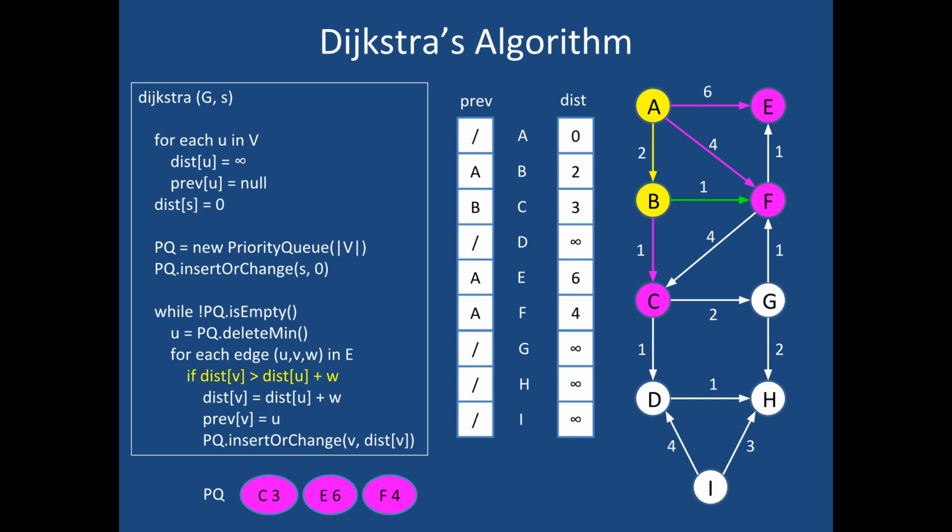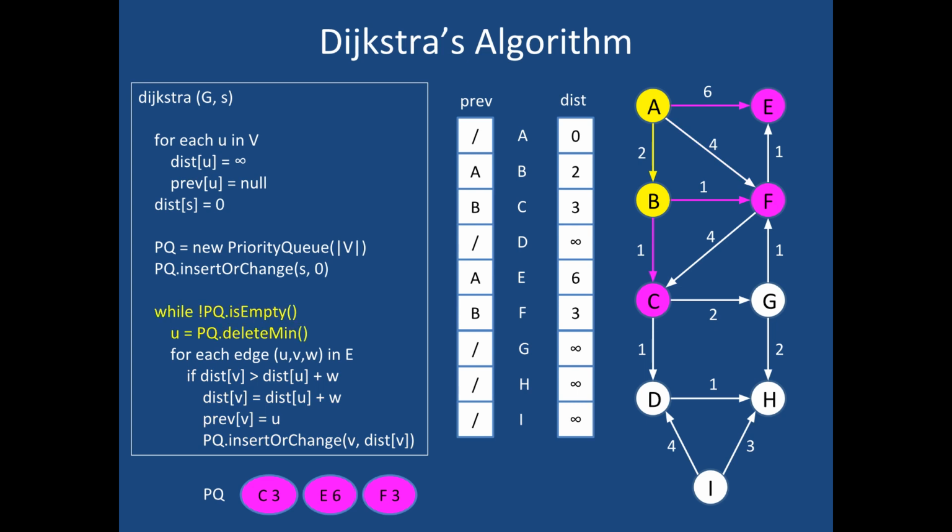Then we consider F. Have we improved? We currently know how to get to F in 4. Distance to B is 2 plus W is 1, because we're looking at that green edge. That's better. So we're going to change it. You'll notice the entry in that array up there is going to change shortly.